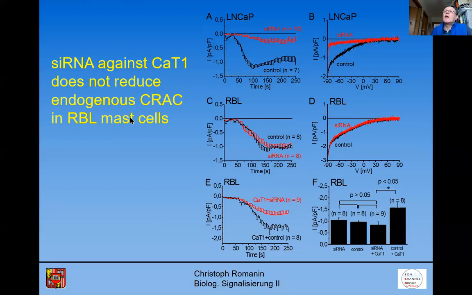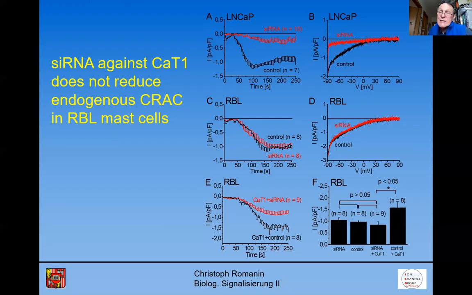But when you wait for about 1 week, the siRNA is destabilized and has left the cell, and CAT1 would be expressed again. With CRISPR-Cas9, you get a disruption of gene expression at the level of the nucleus in the DNA. And so this is a permanent disruption.